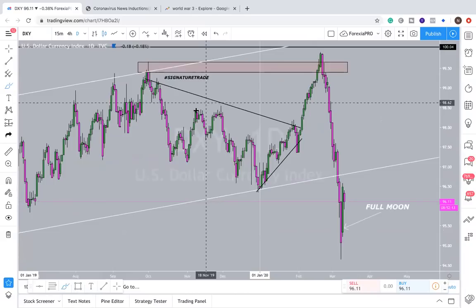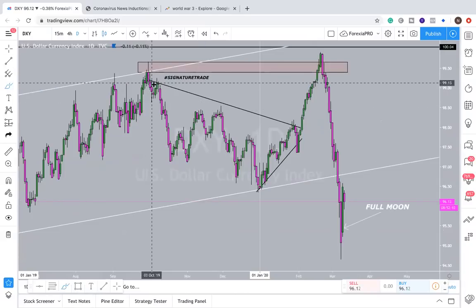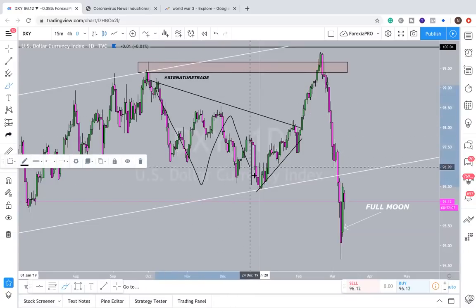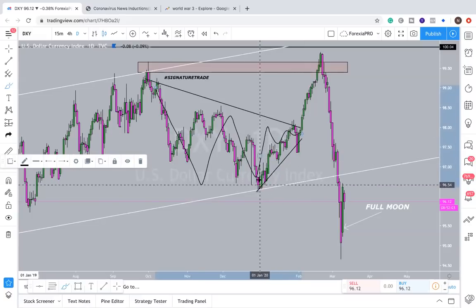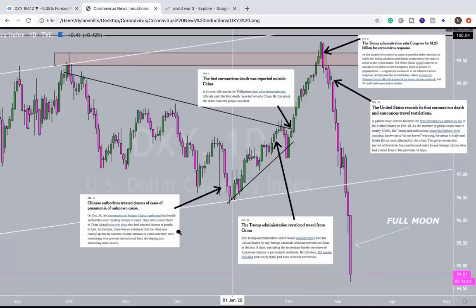What a coincidence that the signature trade wedge starts creating itself even before coronavirus had even existed, apparently, right? The first case of coronavirus, right around here, and they didn't even know what it was. And China had identified a new virus in Wuhan or wherever it is, December 31st of 2019, right around here.